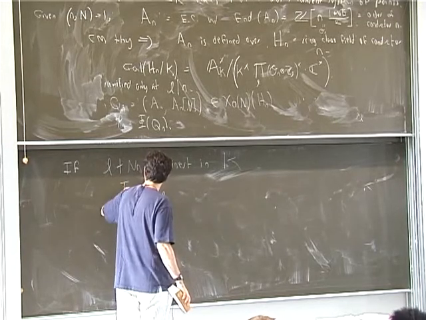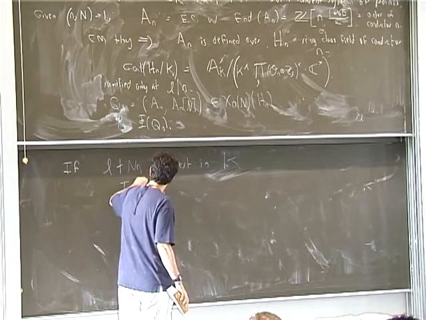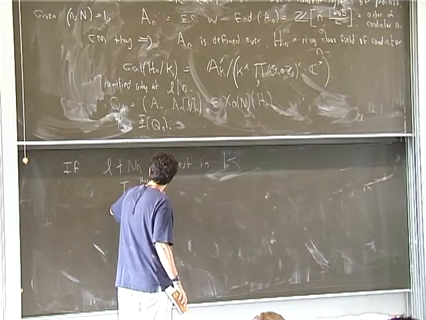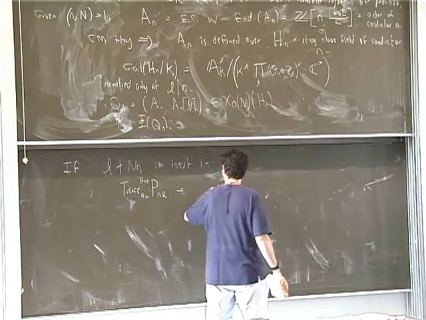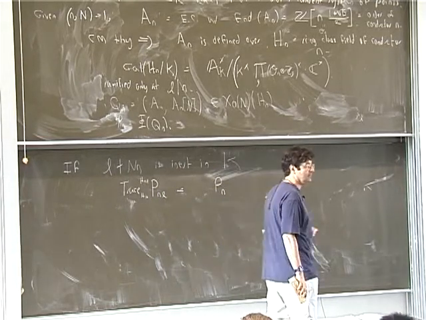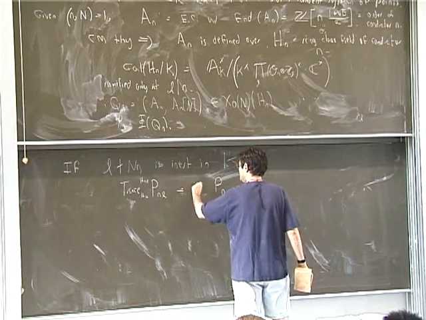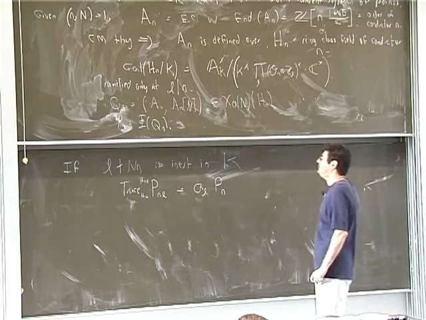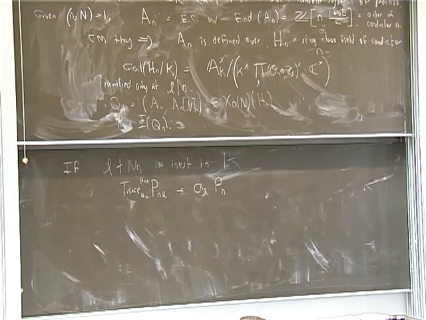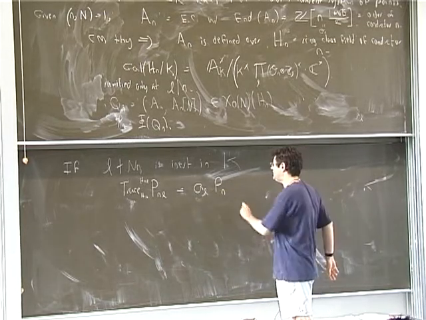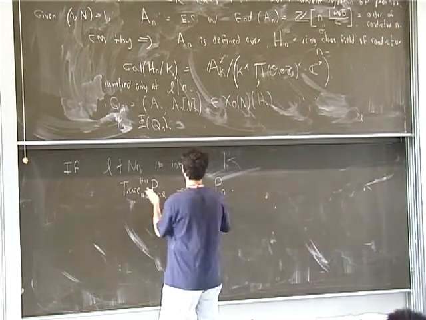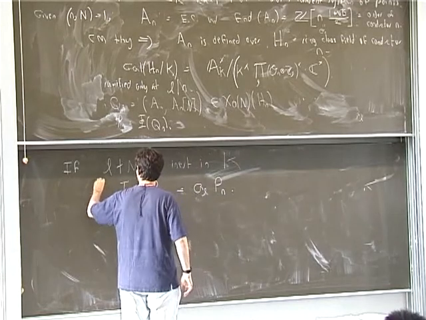And I can try to take its trace from the ring class field of conductor NL down to the ring class field of conductor N. And this is actually related to the Heegner point of level N. It's not quite equal to it, but it's equal after you multiply by this AL, which is the L Fourier coefficient of the modular form attached to E. So you have this identity. So that's the only norm coherence property we're going to use.